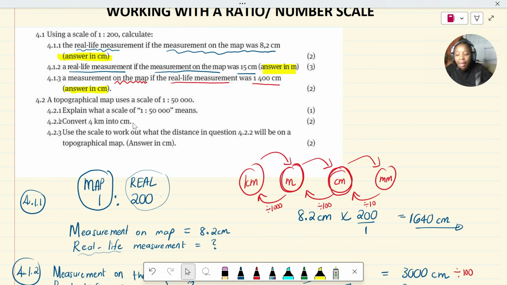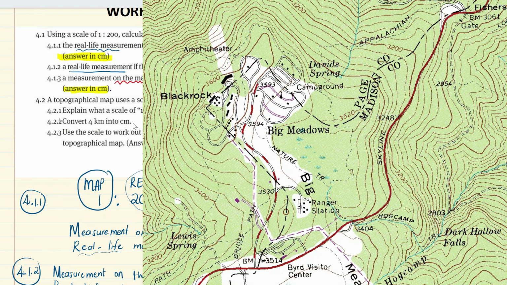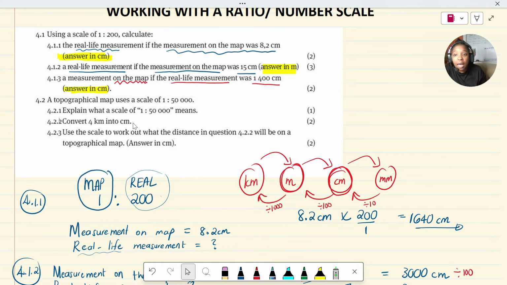A topographical map is a map that has a detailed and accurate illustration of man-made and natural features on the ground, such as the railways, the power transmission lines, the contours, the elevations, the rivers, the lakes, and the geographical names. So that is what a topographical map is, and we're told that this topographical map uses a scale of 1:50,000.